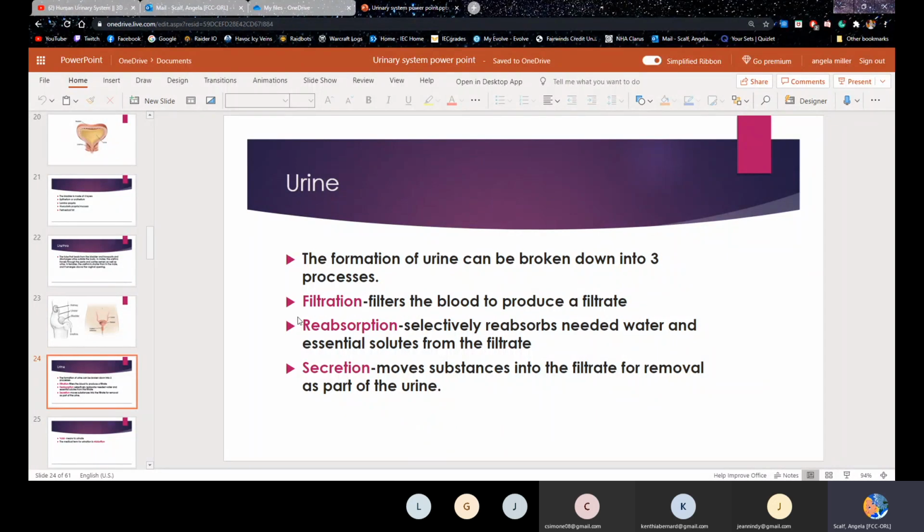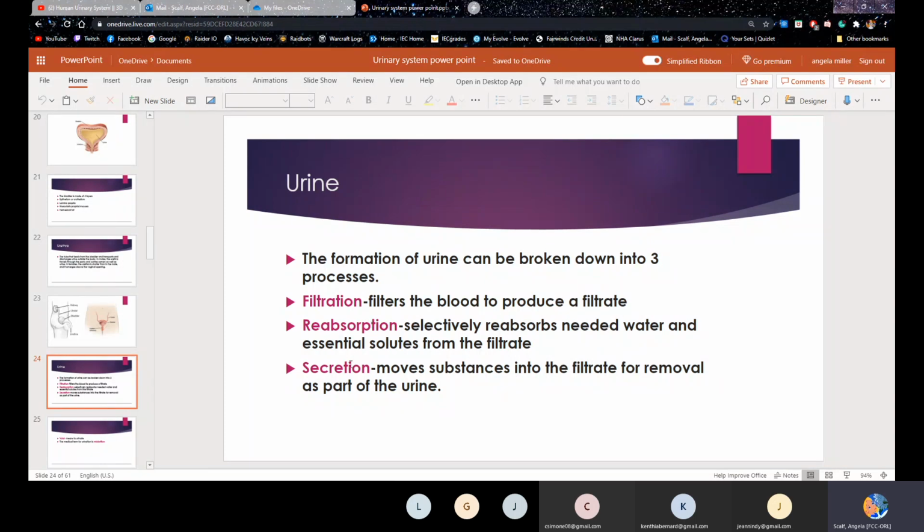After the body has filtered it, it decides, do we need any of these essential nutrients or minerals? If we do, like sodium or potassium, it reabsorbs that and sends it back to the body.